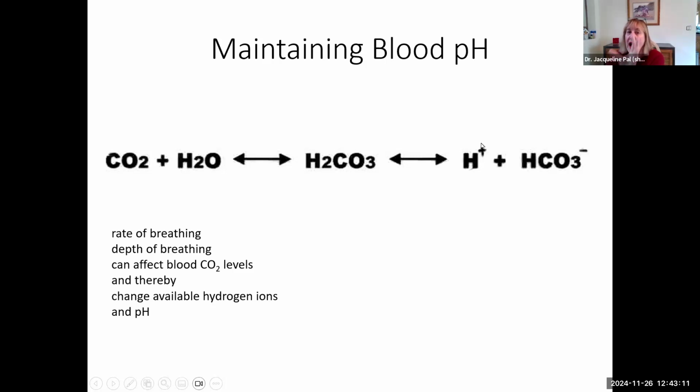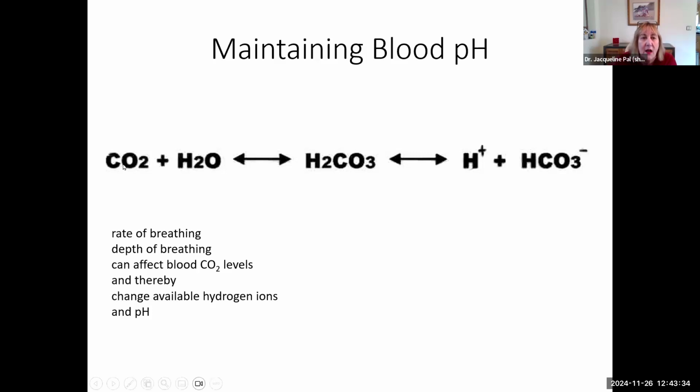And that carbonic acid is going to dissociate, so we're going to make more hydrogen ions. And the more hydrogen ion we have, what happens to our pH? Well, remember, the higher the hydrogen ion, the lower the pH. They are inverse of each other, okay? So they are directly proportional.